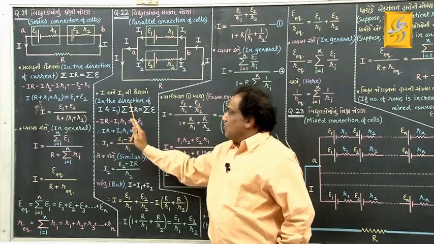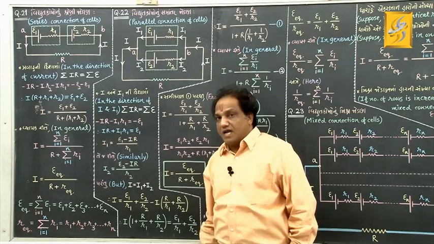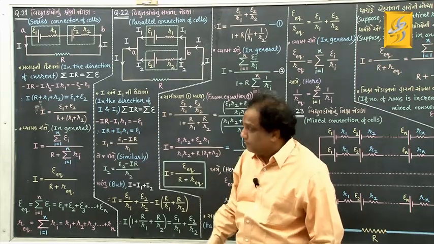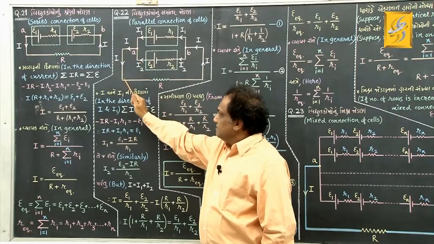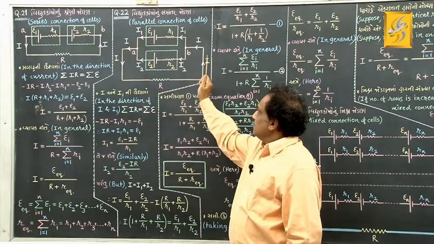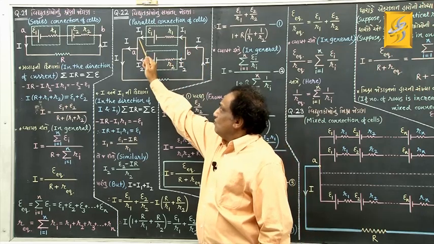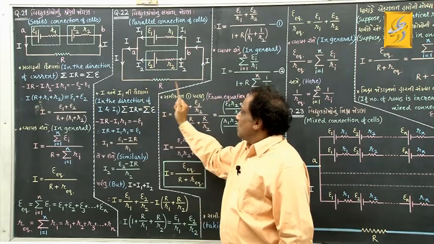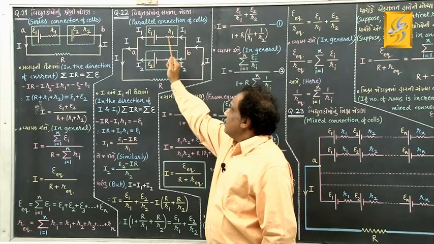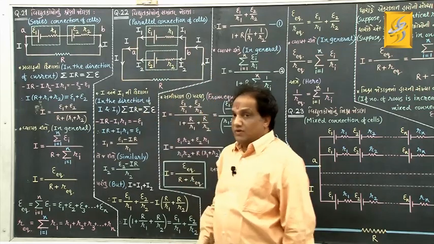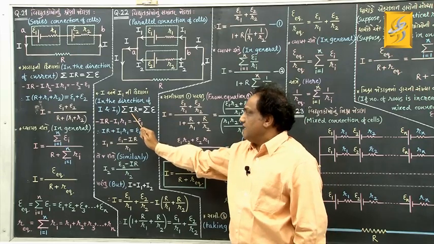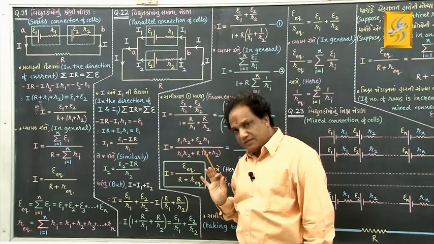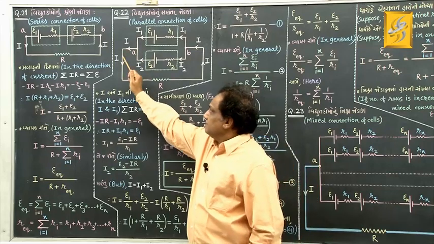Now, in the direction of I and I1, I want to apply Kirchhoff's second law. Just consider this loop, look here, this one, in which I and I1 flow, correct? This is that loop in which currents I and I1 are flowing. Now, in the direction of I and I1, you please apply Kirchhoff's second law, sigma IR equals sigma E, correct? Come on, go this way.